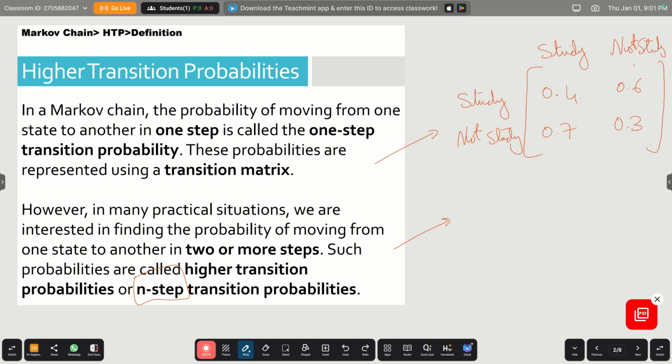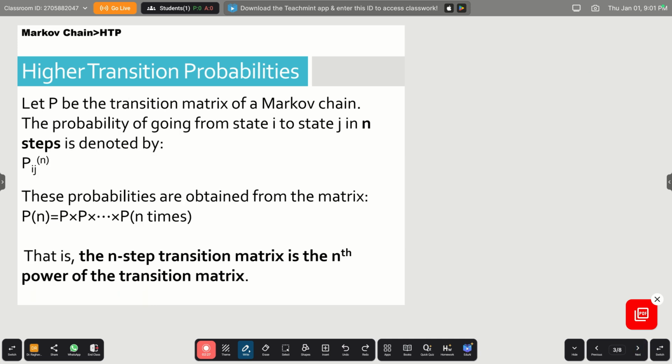After 12 days, it's called 12-step transition probability. Now to calculate these higher transition probabilities, we need to know matrix multiplication. Before that, let me tell you what Pij of n denotes.